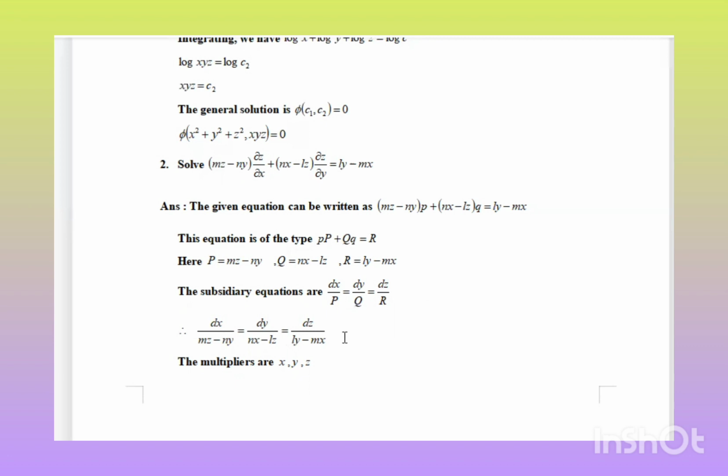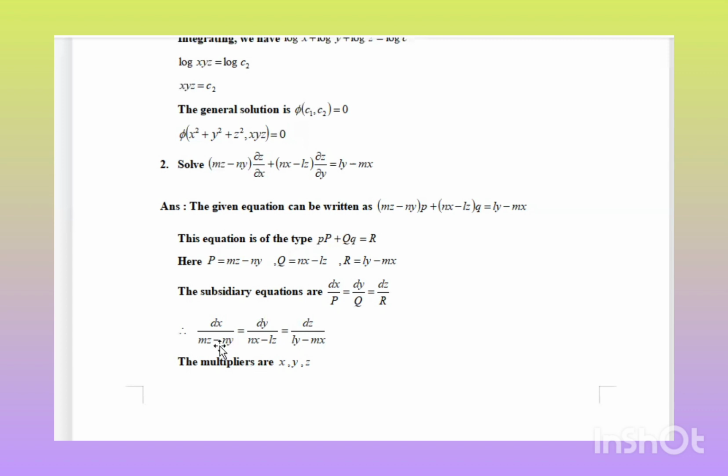Now we have to choose the multipliers. How to choose the multipliers? In the subsidiary equation, the denominators are combinations of x, y, z as well as l, m, n.